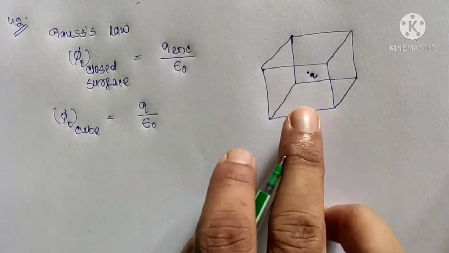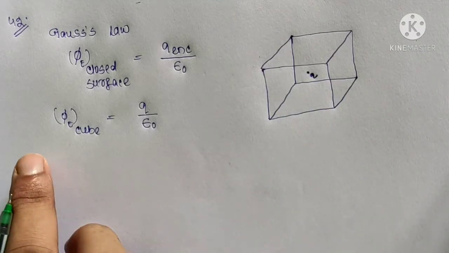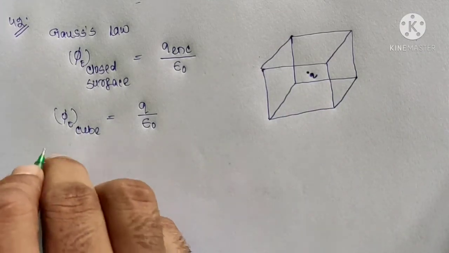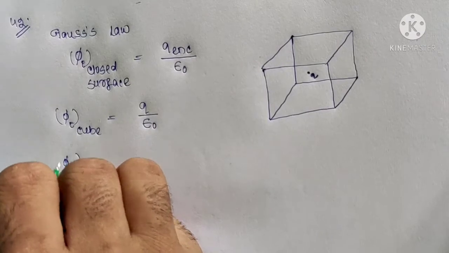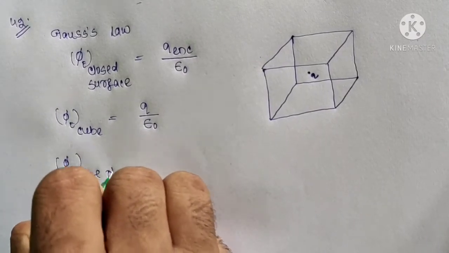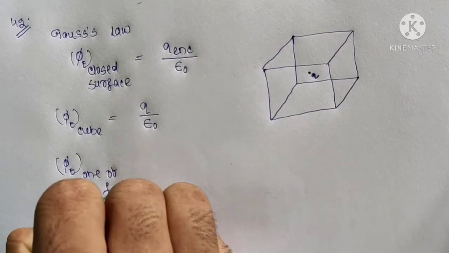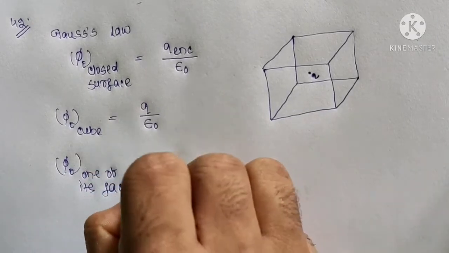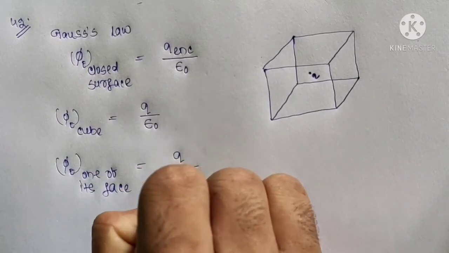It has total 6 surfaces, so we have to use the symmetric cases. So electric flux through one of its face will be equal to q by 6 epsilon.